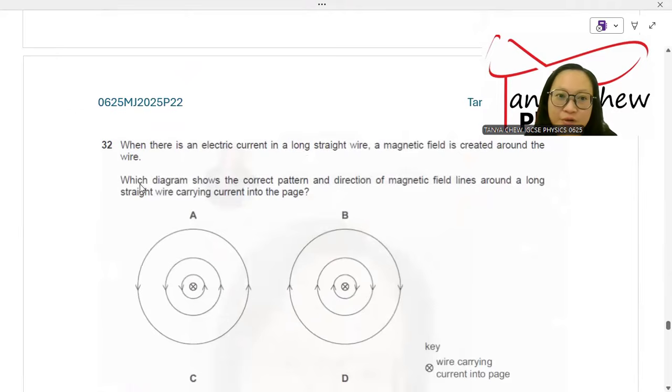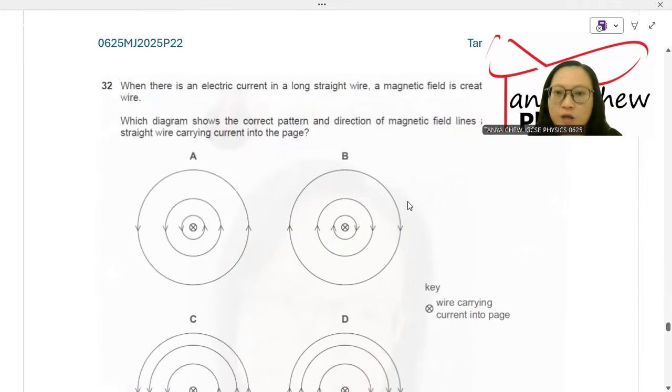Number 32. When there is an electric current in a long straight wire, a magnetic field is created around the wire. Which diagram shows the correct pattern and direction of the magnetic field lines around a long straight wire carrying current into the page? If you want to find the magnetic field around a current carrying conductor or wire, you use your right hand grip rule.